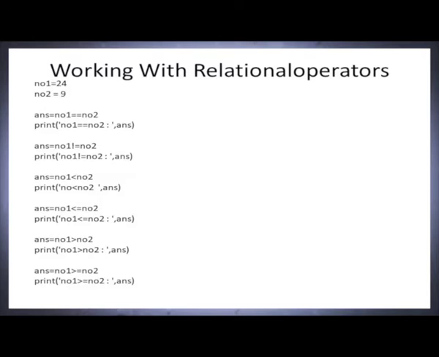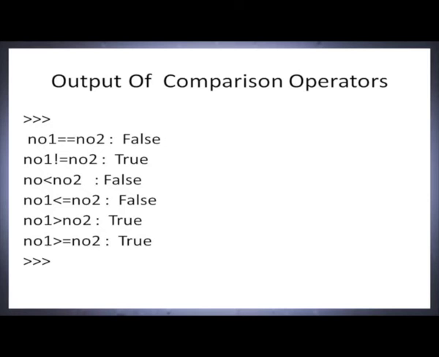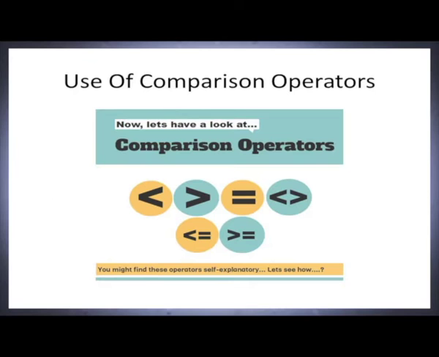Next, we will move on to the relational operators. Relational operators are used to compare the values of the operands on either side of them and decide the relation between them. They are also called comparison operators.